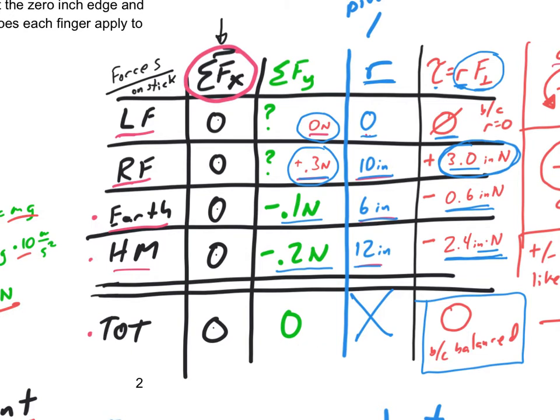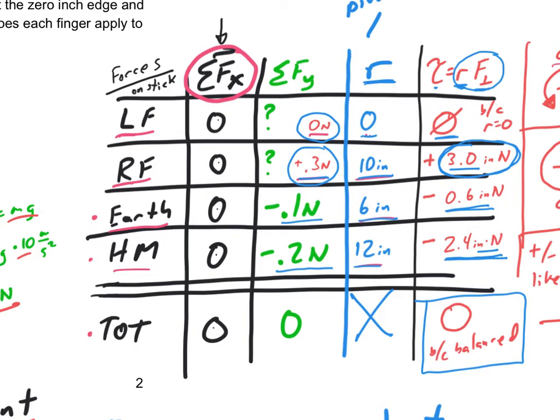I know that because it's balanced. It's resting there. It's not accelerating. Therefore, the net force on it, the total force on it, is 0. These other 2, I have as question marks. They'll eventually be these two values, but we do not know that yet. I do, because I've already solved the problem. You will soon when we're done.